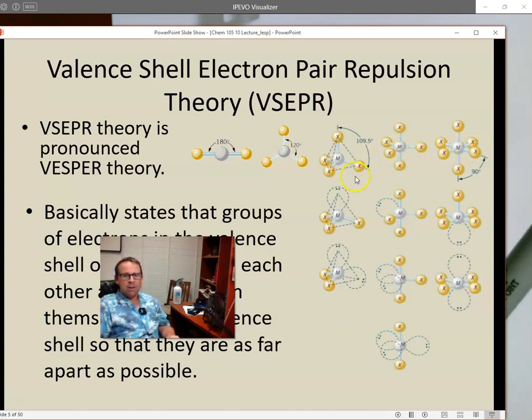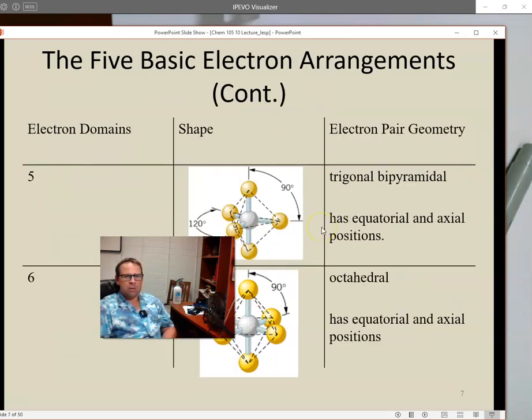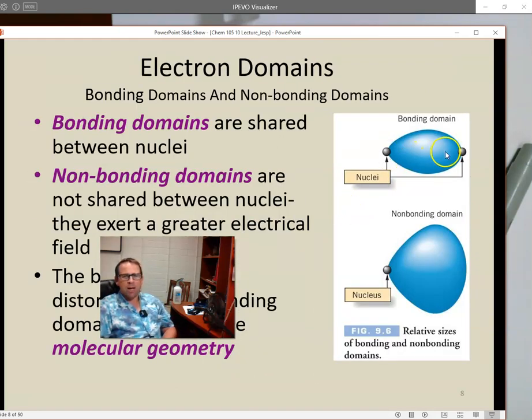Now, instead of 4 bonding regions, in the case of tetrahedral, for example, if one of your regions is non-bonding, then the non-bonding region ends up taking a little more space than the bonding region. You can imagine 2 nuclei in a bonding condition. The electron density, as it strays from one nucleus, begins to be attracted to the other nucleus.